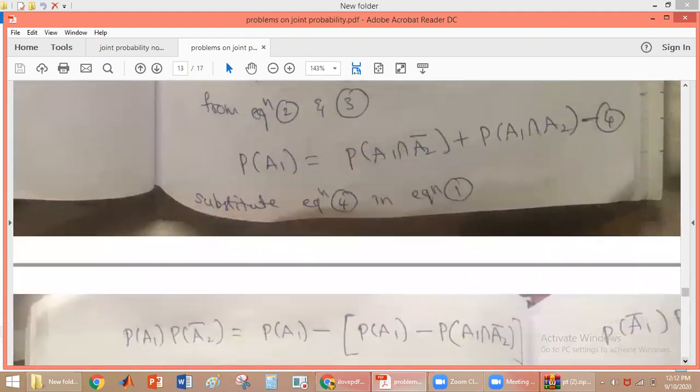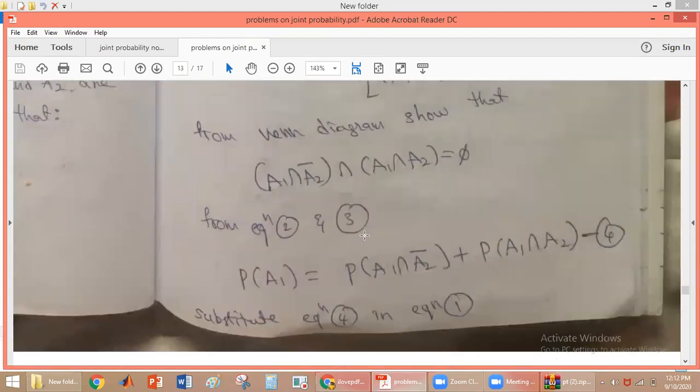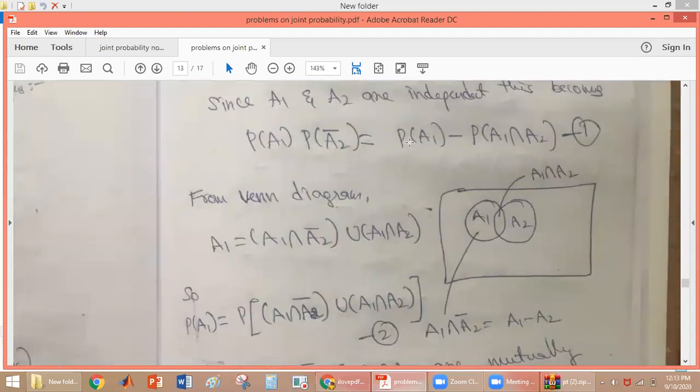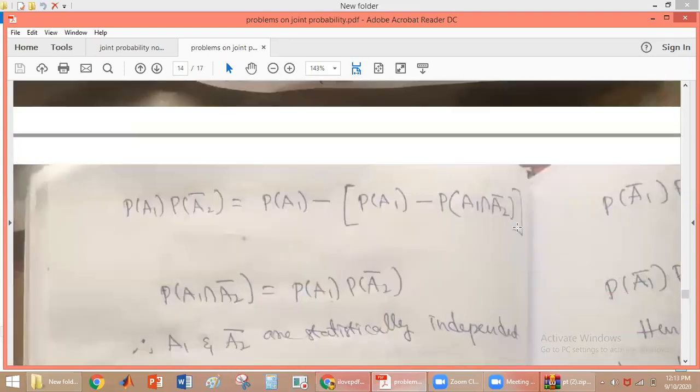So here, in place of probability of A1 intersection A2, we will be substituting probability of A1 minus probability of A1 intersection A2 complement.